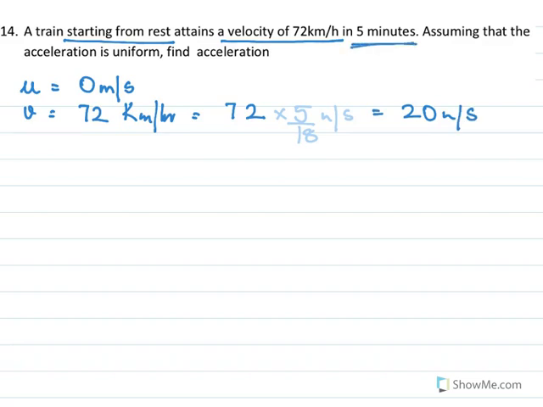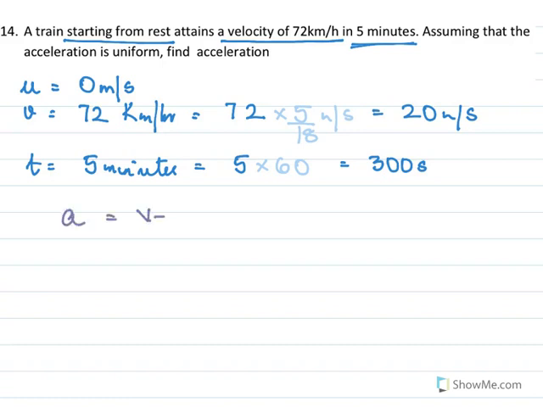And in 5 minutes, so time 5 minutes. And the minutes, we also can't work in minutes, so we do 5 into 60 to convert into seconds, which is 300 seconds. Now for acceleration, a equal to v minus u over t.